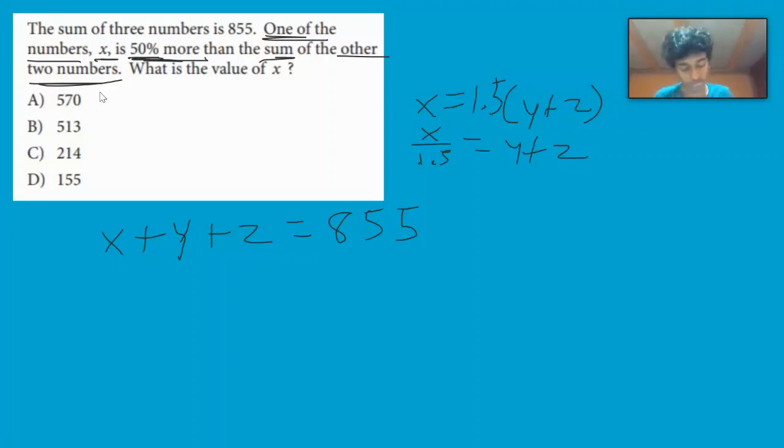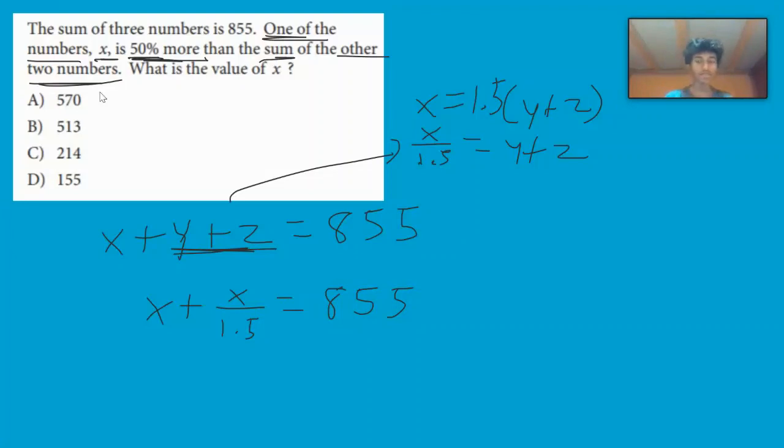And now we can substitute y plus z here for this. So we can say x plus x over 1.5 is equal to 855. Now we can just solve for x.